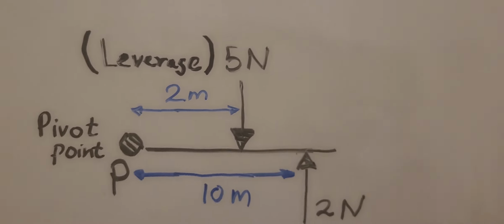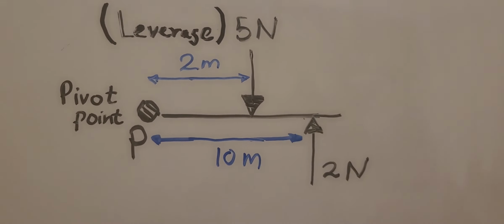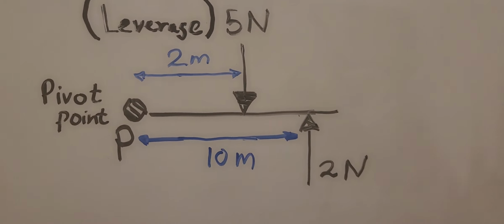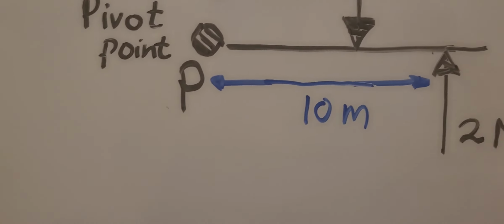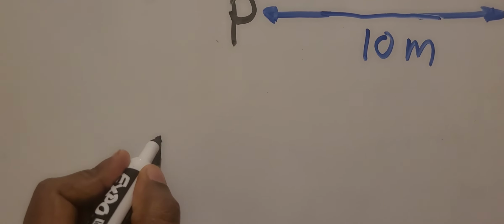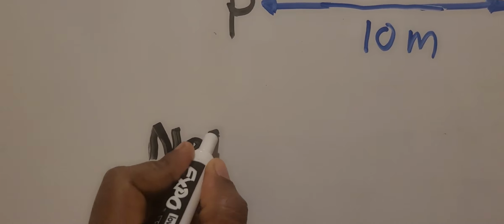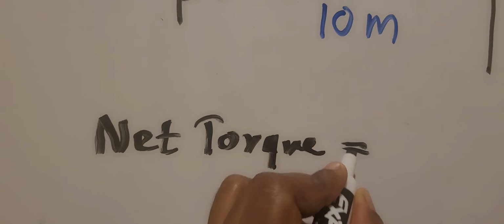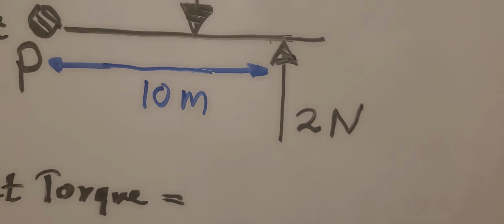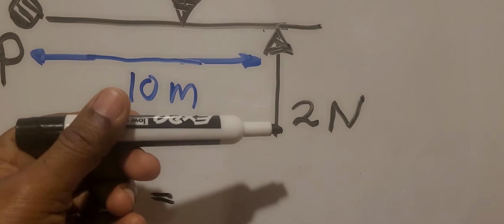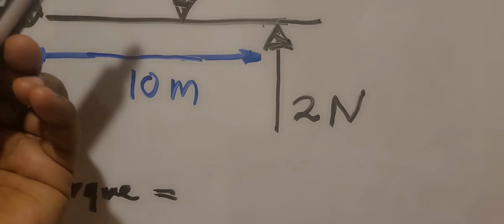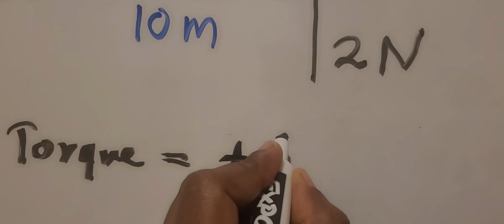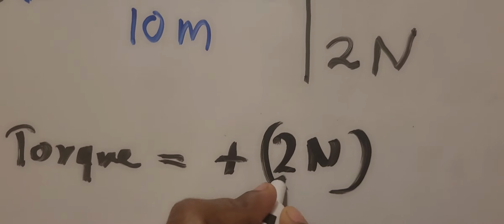So based on that, let's try to find the total or the net torque about the pivot point P. I'm going to write net torque. I'm going to first consider the torque due to the 2 Newton force. That's going to be a positive torque, so plus 2 newtons times the leverage.